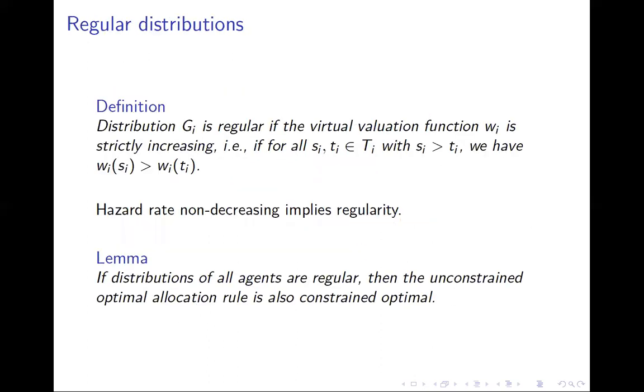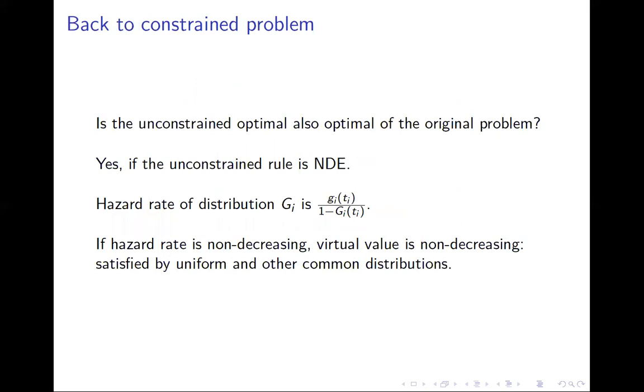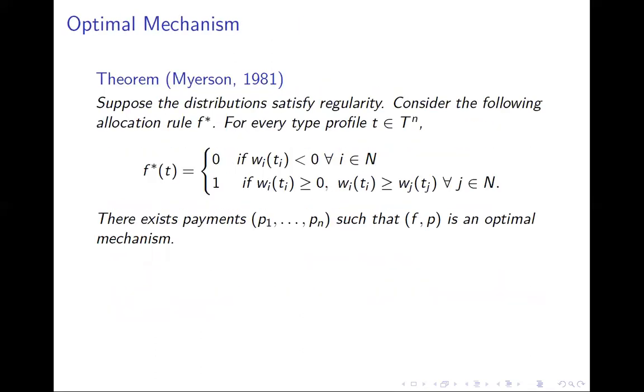So we started by imposing BIC and IIR constraints. When we solved for it, we found that the optimal allocation rule satisfies the non-decreasingness condition. We know from our earlier theorem that any non-decreasing allocation rule can be converted to a DSIC mechanism by appropriately choosing the P's.